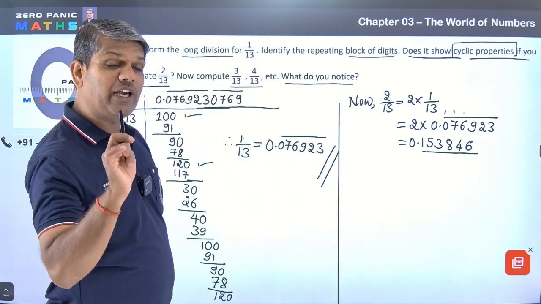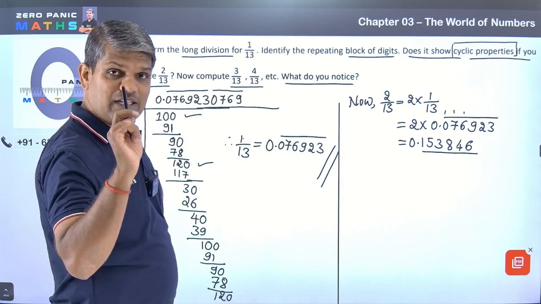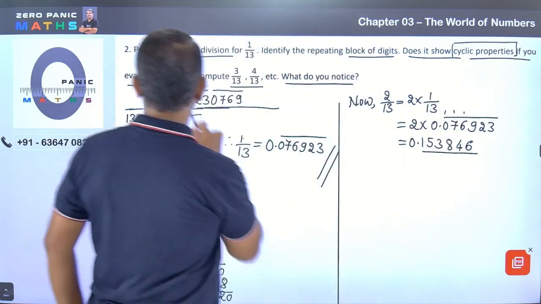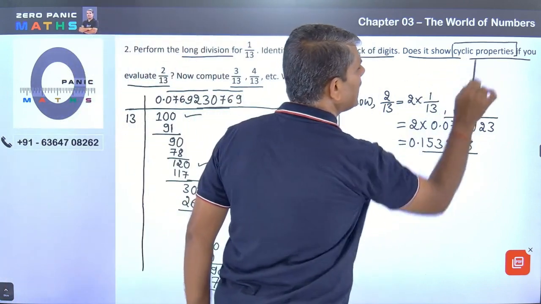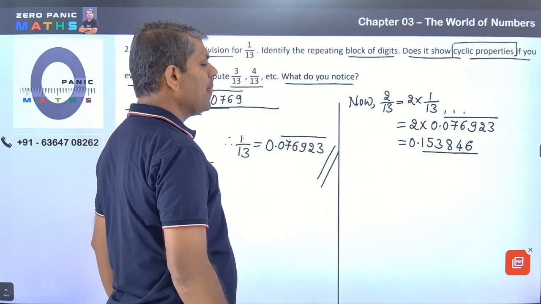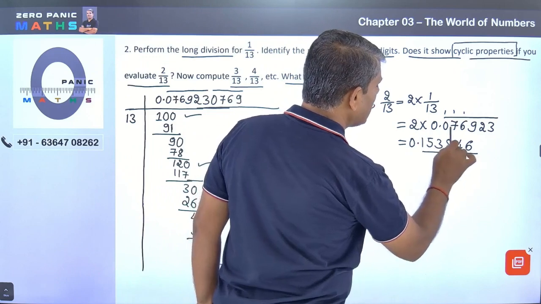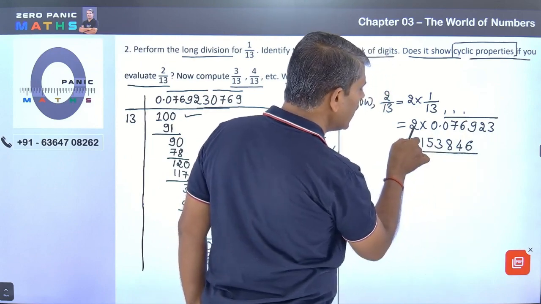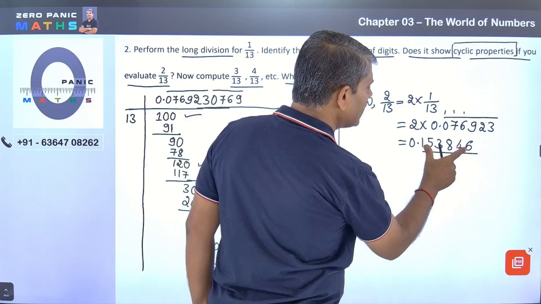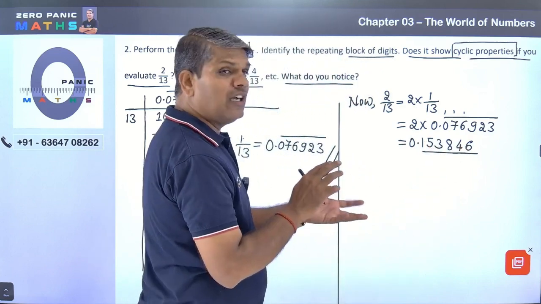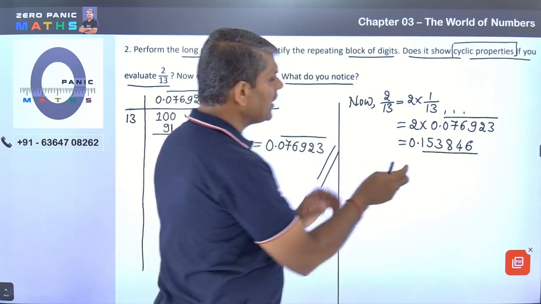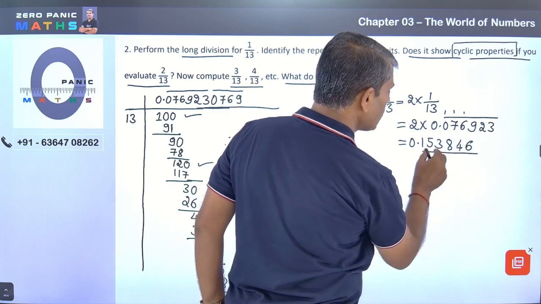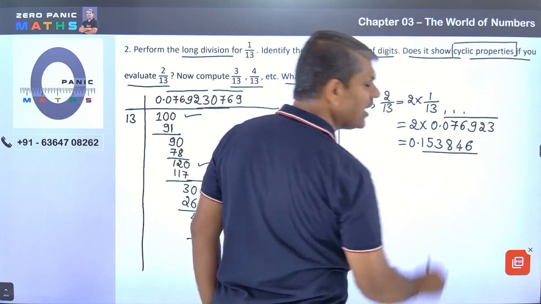Now what you need to identify here, just listen to me carefully, is does this value 2 by 13 possess a cyclic property? Cyclic property means the value that you get after multiplying this 0.076923 by 2, are you getting a value which is created by shifting these digits only? 0 7 6 9 2 3, these numbers only are repeating here in the result.